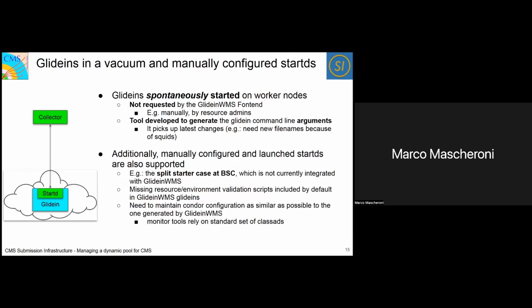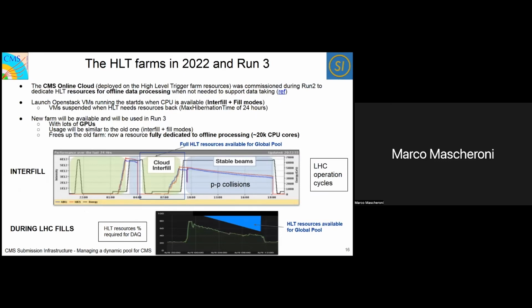And as said, in this case there is missing resource environment validation, and there is a need to maintain the Condor configuration as similar as possible to the one generated by glideinWMS, for example, because monitoring tools rely on a standard set of resources.